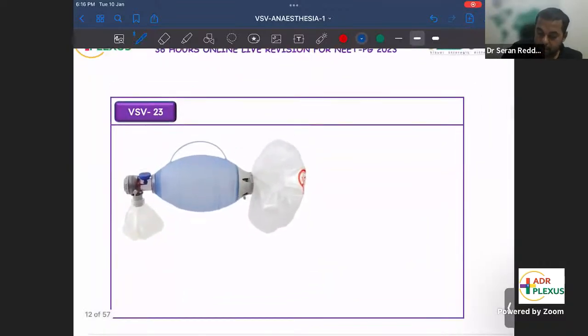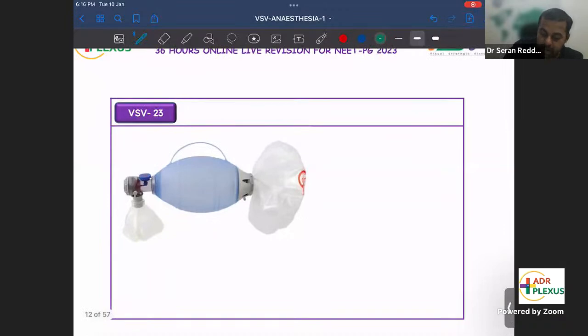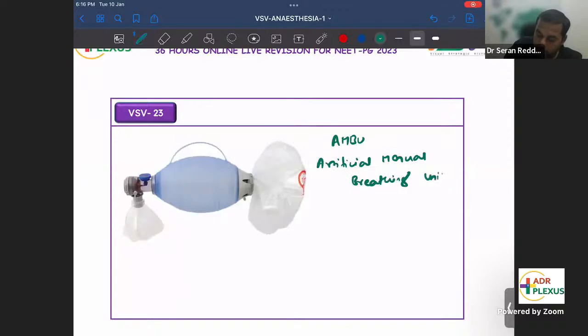This is again an image-based question. This is AMBU. Full form is Artificial Manual Breathing Unit. It has a Ruben's valve, which prevents rebreathing.